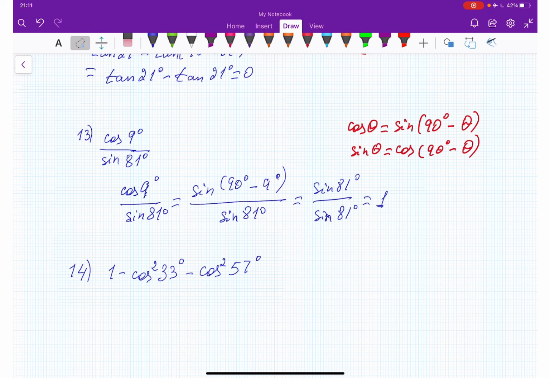Okay, first thing we're going to remember is our major formula: cosine squared theta plus sine squared theta is equal to 1.